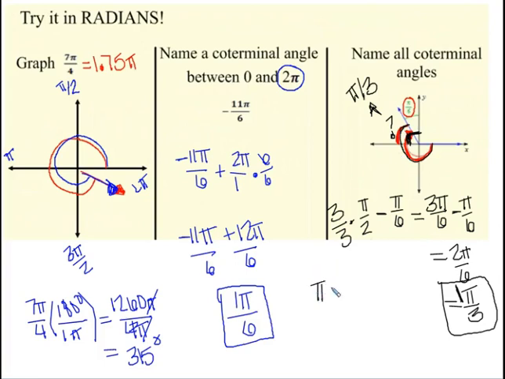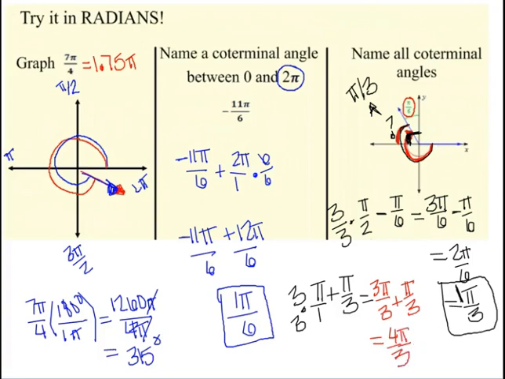So we got to take pi plus this pi over 3 we found to get that entire angle. Again, common denominator, so we got to multiply by 3. 3 pi over 3 plus pi over 3 is 4 pi over 3.